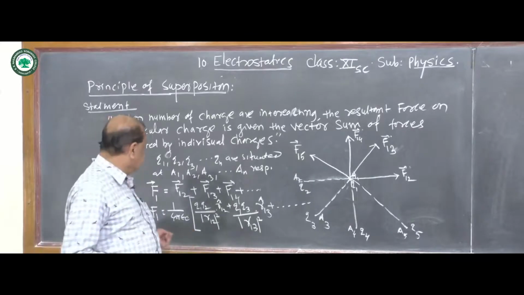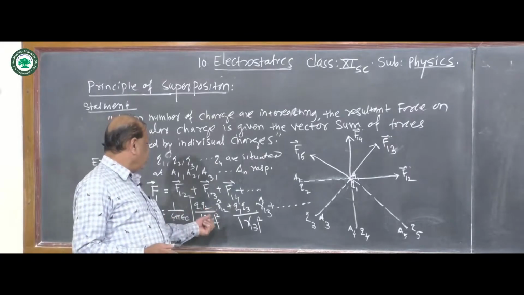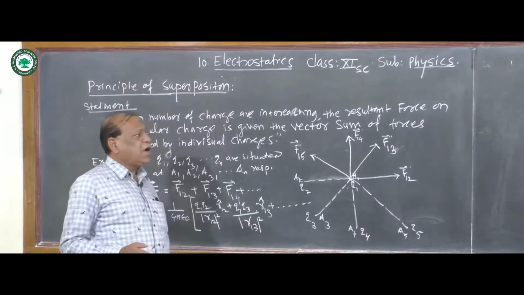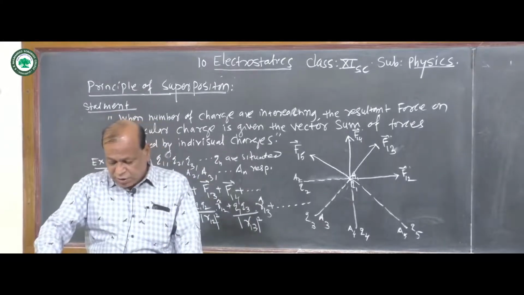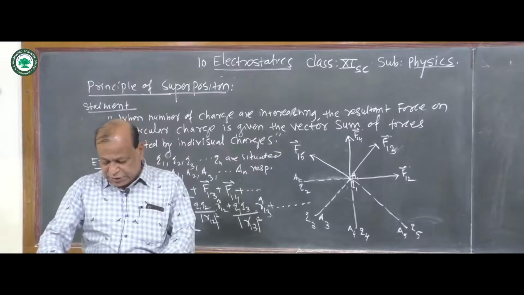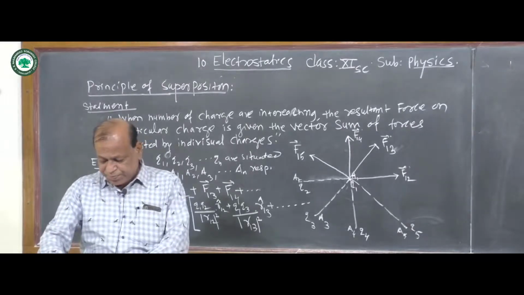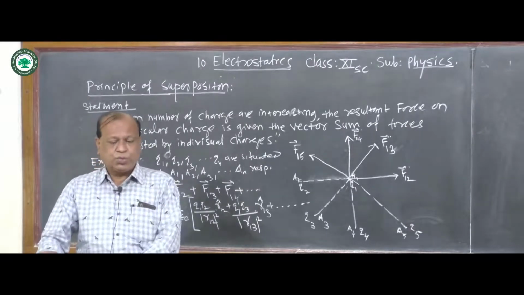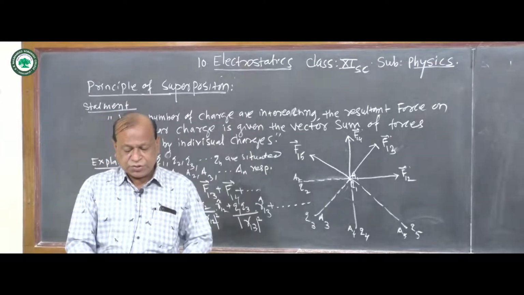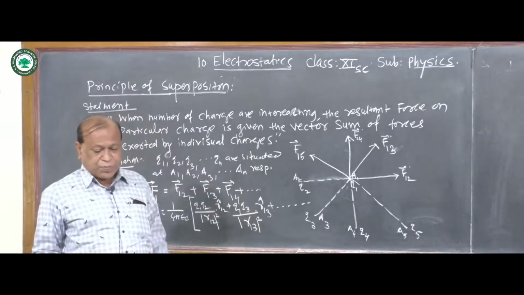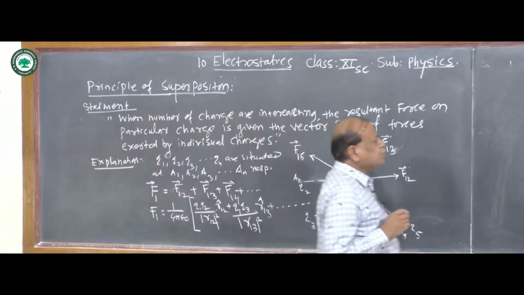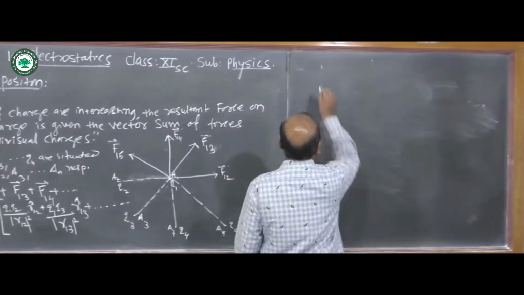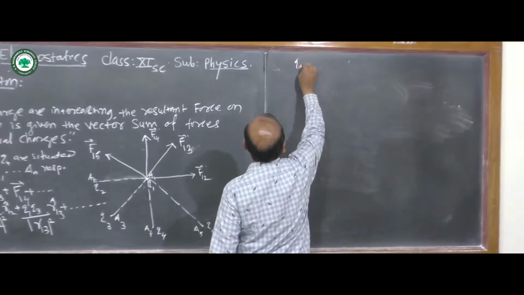Now these r12 cap, r13 cap are the unit vectors in the direction from Q1 to Q2, Q3 and so on. Resultantly we consider the test charge q0.